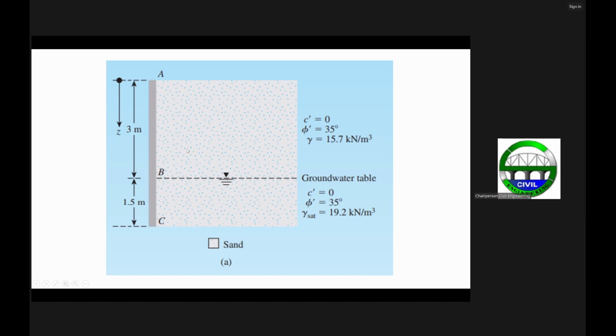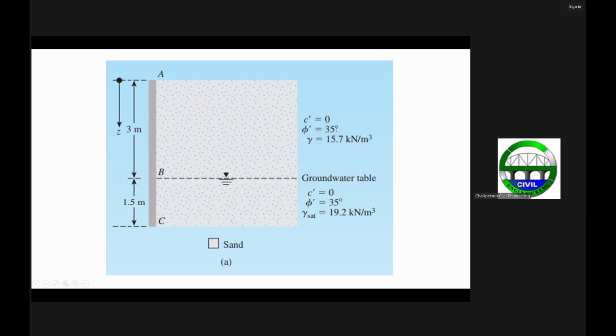These are points A, B, and C. Here you have a sandy material, which we assume to be cohesionless, so the effective cohesion is 0.